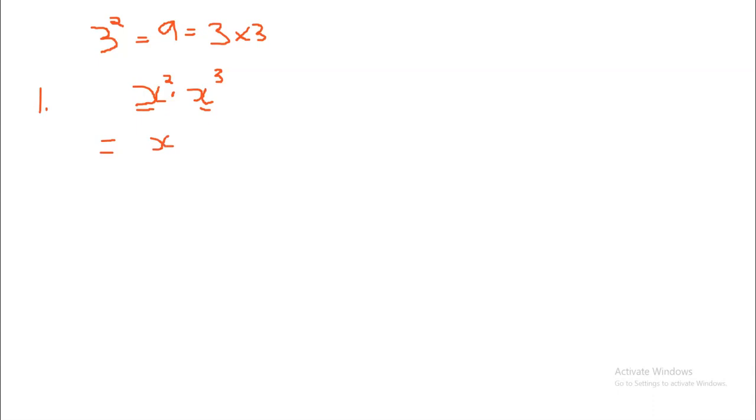Therefore, one of the bases will come back, which will just be x. Then you add the exponents, which will be 2 plus 3. So your answer will be x to the power of 5, because 2 plus 3 is 5. That will be your answer.